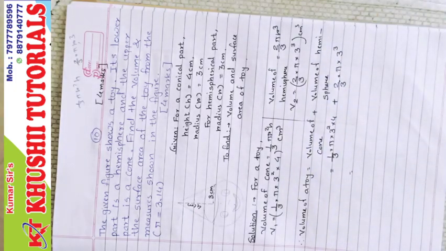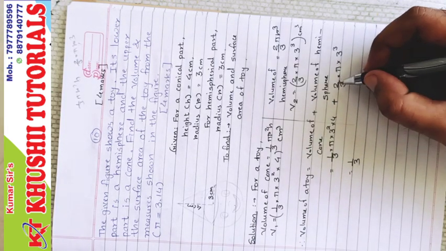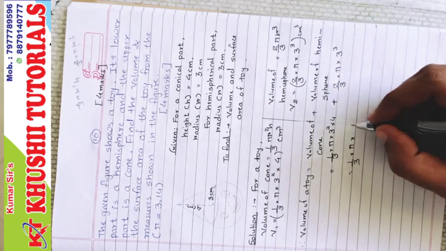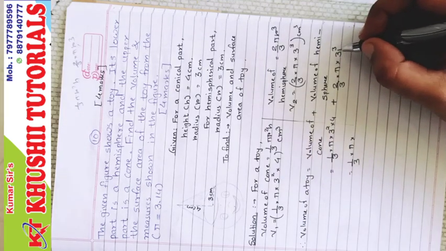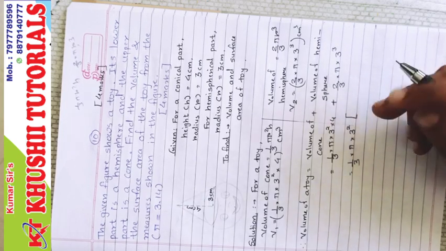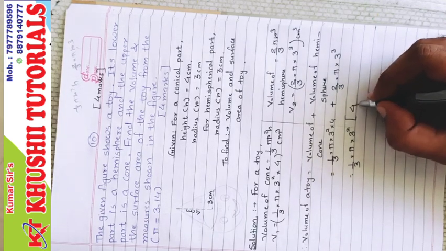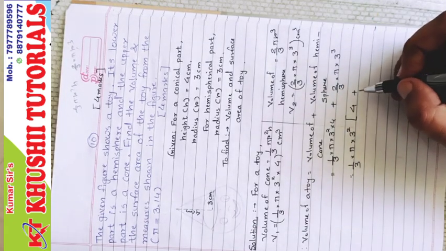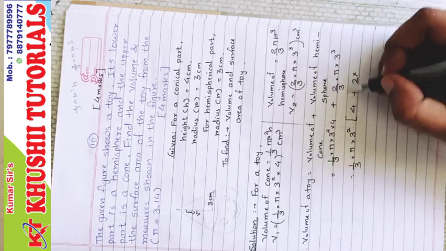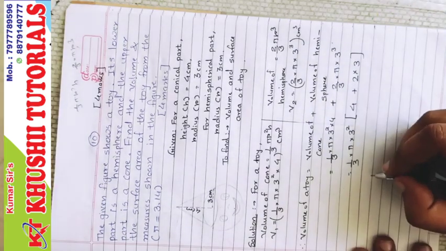Now we'll take out common. 1/3 will be common, and 2 will remain. Pi is common. Here we have 3 square and here we have 3 cube, so 3 square will be common. In the first part, 1/3, pi, and 3 square are common, so only 4 is left. Plus, in the second part, 1/3 is common, so 2 left, pi is common, 3 square is common, so one more 3 is left.